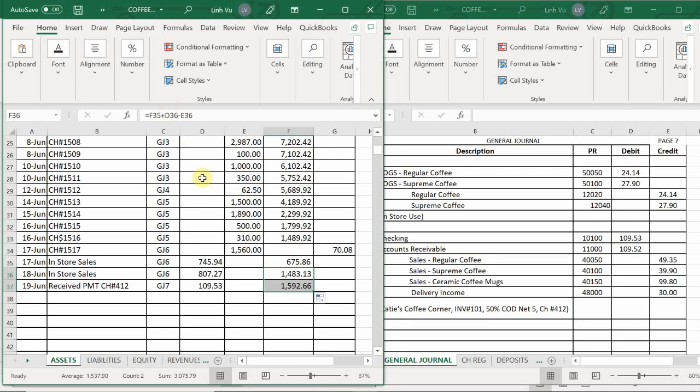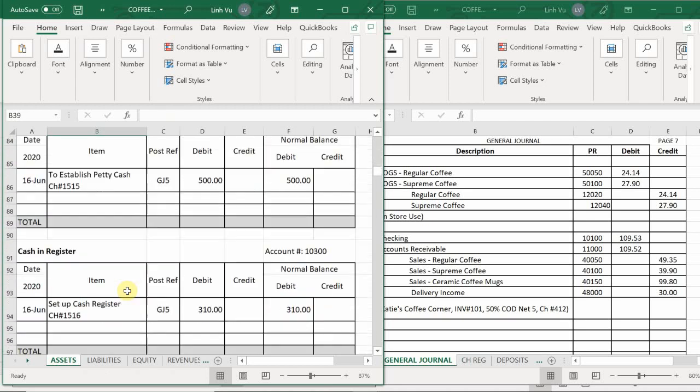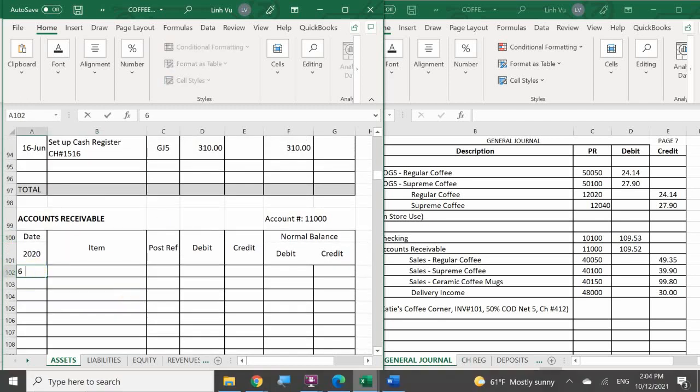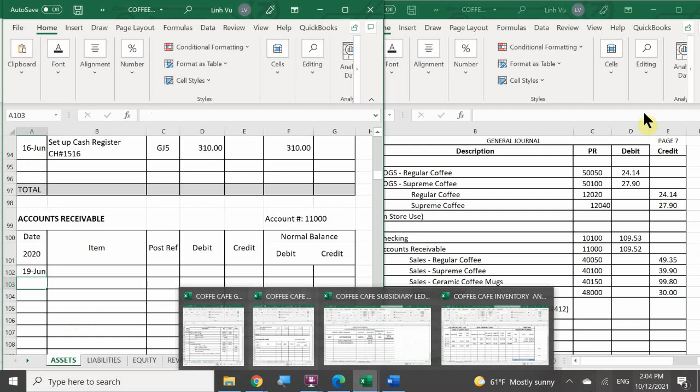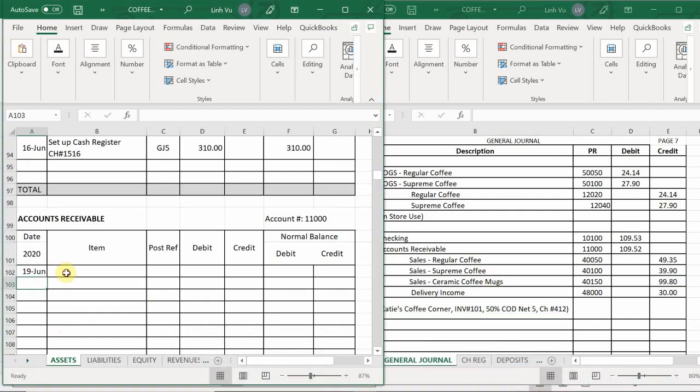Okay, what's next? Accounts receivable. So here you go. No, we write that check number 412. In this case, that's not really pertaining to accounts receivable because that's a check.